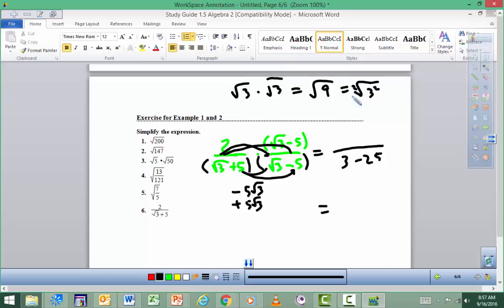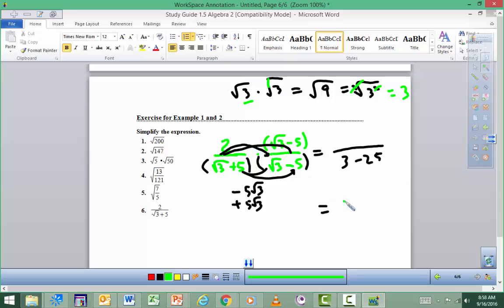Now the index on a square root is a 2, and these are inverse operations, so this 2 cancels off with that 2 and leaves you at 3. If you want to just remember, anytime you multiply a square root by itself, you just get the number that's on the inside of the square root. It'll probably be faster. It's a little shortcut I learned a long time ago.